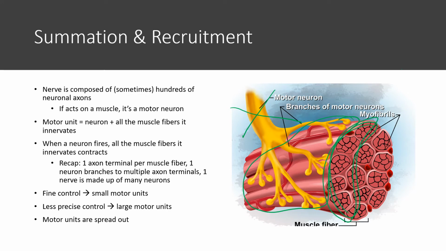But that doesn't mean that the muscle fibers over here won't be able to contract. They're stimulated by their own motor neuron. They are their own motor unit, and they can still contract. And since they're spread out and they don't necessarily communicate with one another, that preserves function. It means that damage in one place doesn't destroy functionality in the whole area.